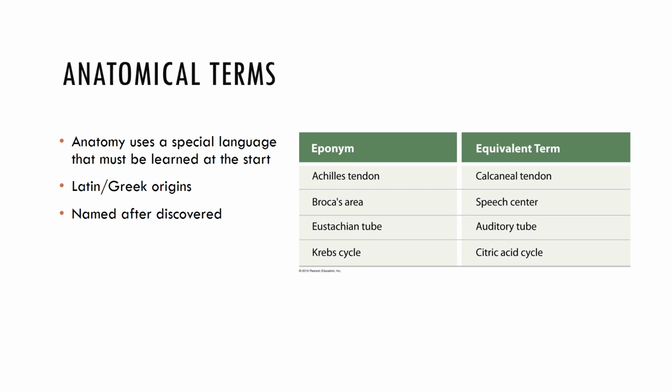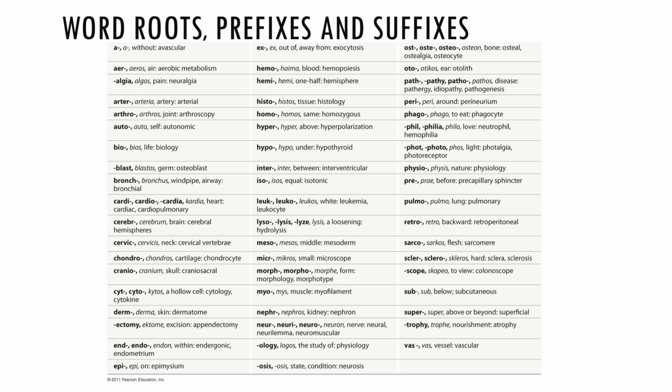You're even going to have to learn regional terms that indicate locations in the body, directional terms that are used for points of reference, and so on. So anatomy uses a special language. It has its origin in Latin and Greek, and terms are named after the discovery. And knowing these terms will help you throughout your study in this course.